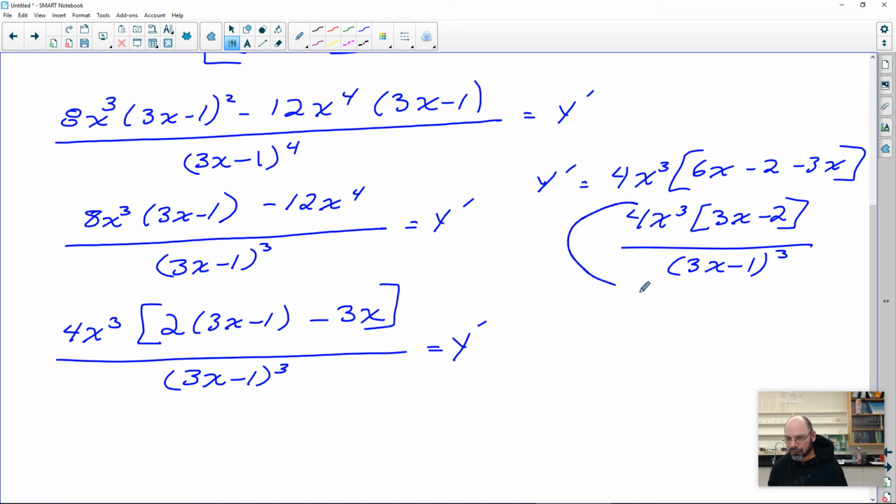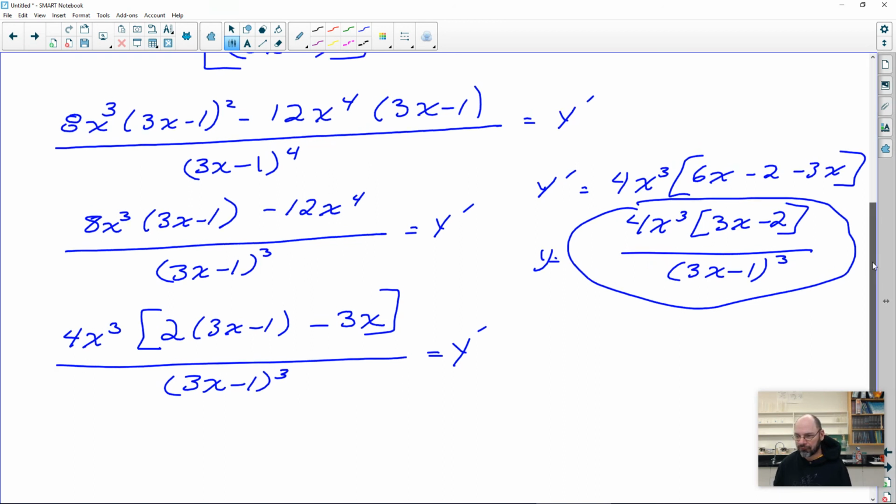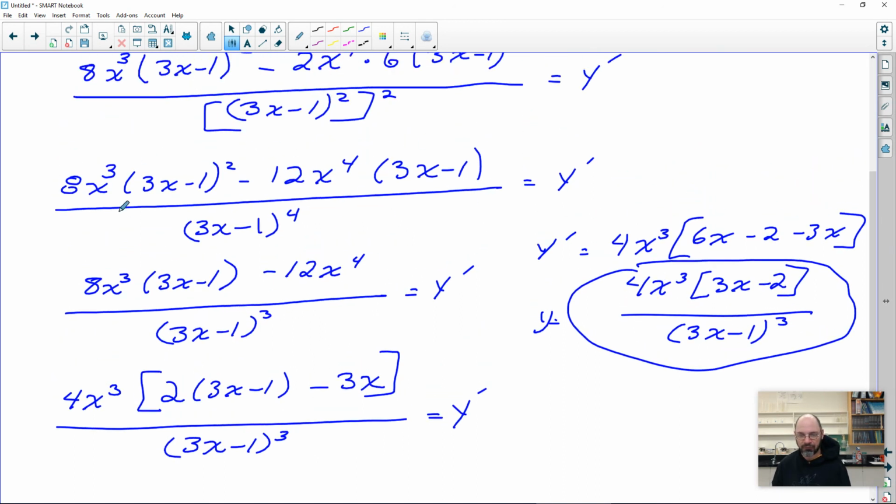Okay, so that would probably be the form that you would see in the university book. In high school, you could easily do this one right here, but if you left it in this form, even with the 4s here, this would not be wrong. Okay, so that's 36 minutes.